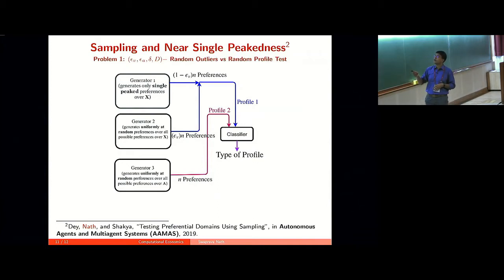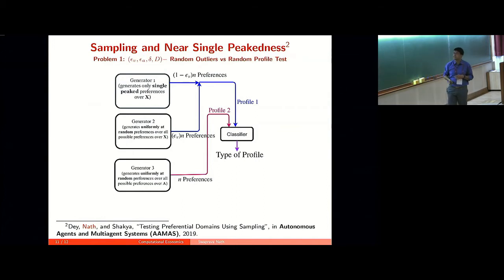Or, in the other, a 1 minus epsilon fraction of those preferences are coming from a single-peaked preference domain, that specific domain, and the rest are coming uniformly at random from any possible preferences over those m alternatives. So now our objective is to classify, by sampling a subset of these profiles, whether this is coming from profile 1 or profile 2.